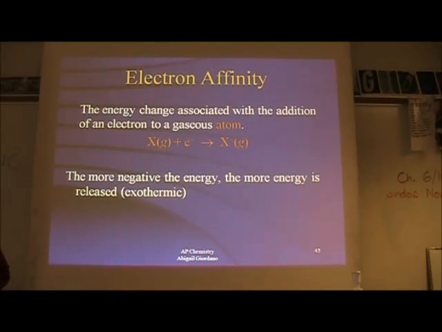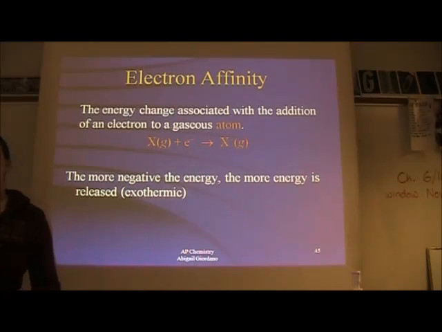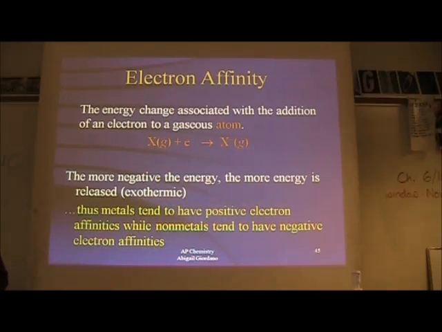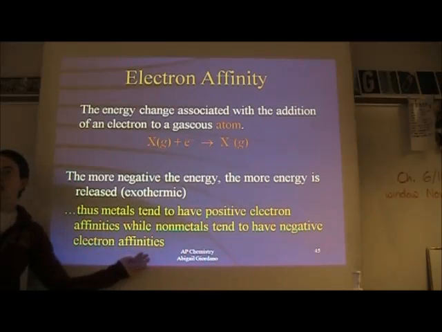Can you give me a family of elements that would really not like to have an additional electron? Yes, noble gases, but even more than them, the alkali metals. So what you tend to see is that non-metals have very negative electron affinities.